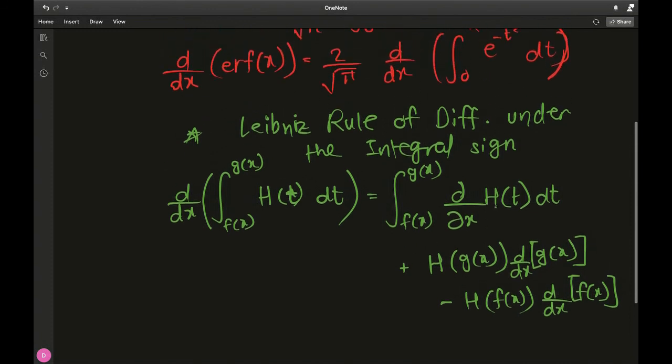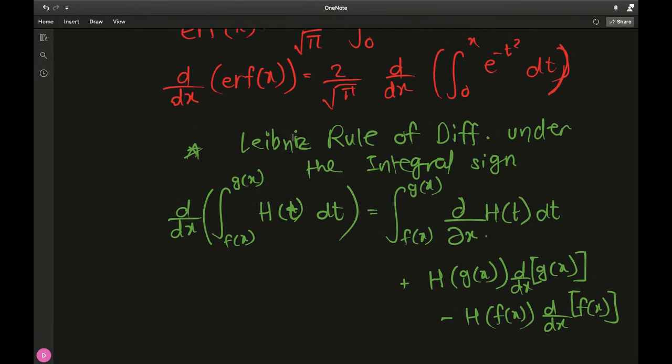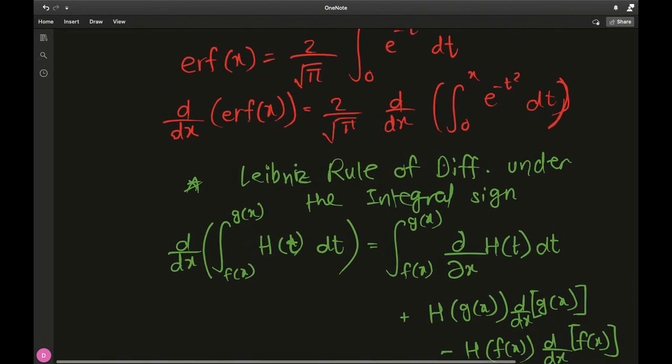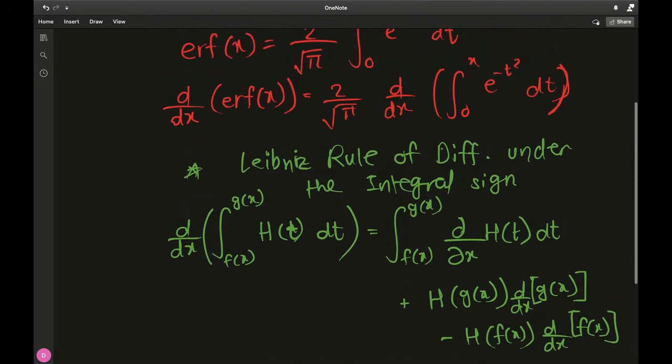But this is the more general case where the upper and lower bounds depend on x, the variable of differentiation. And we're actually going to apply the same thing because notice the upper bound depends on x. So we're going to have to apply this.